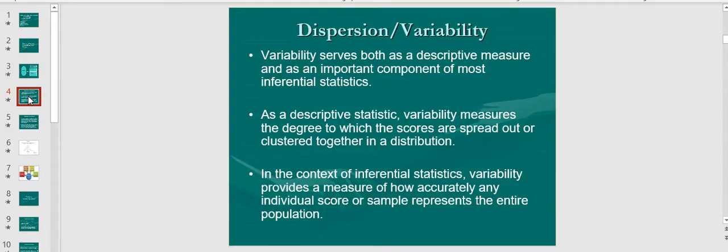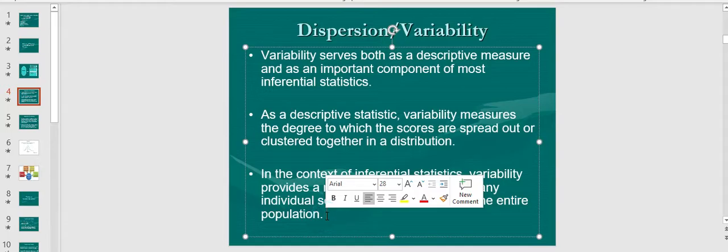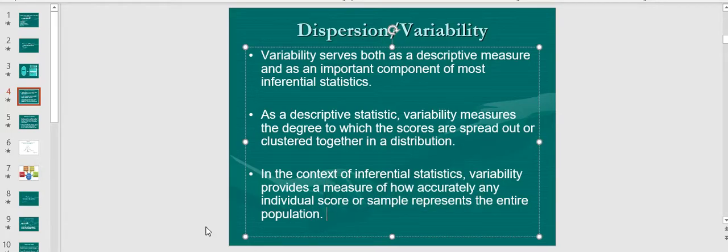That's why the concept of variability, or knowledge of variability, is very helpful in describing a given set of data, and also in telling whether a sample is a true representative of the given population.